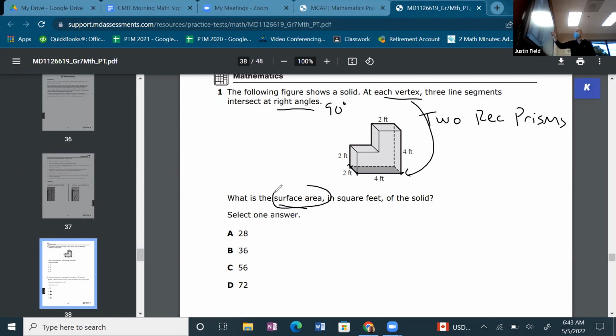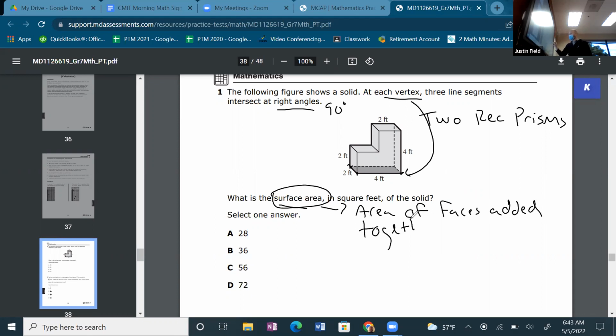So surface area, write it down, surface area is the area of faces added together. So what I do to find the surface area is I think about, and we're going to color code it here.